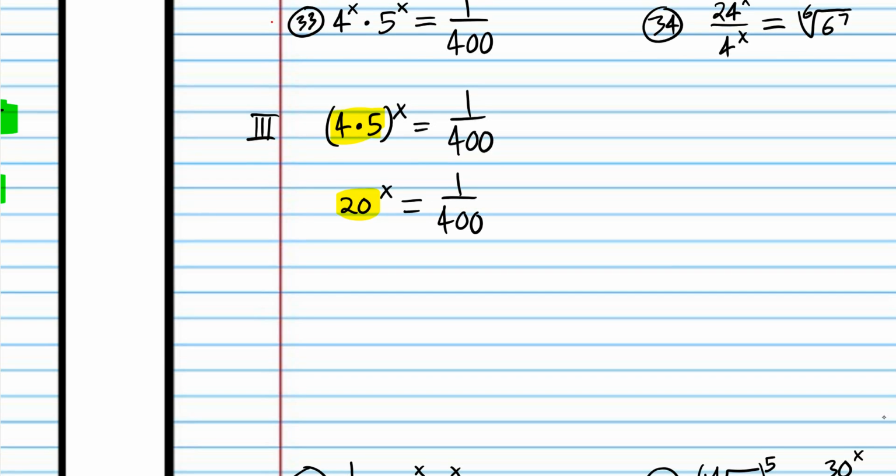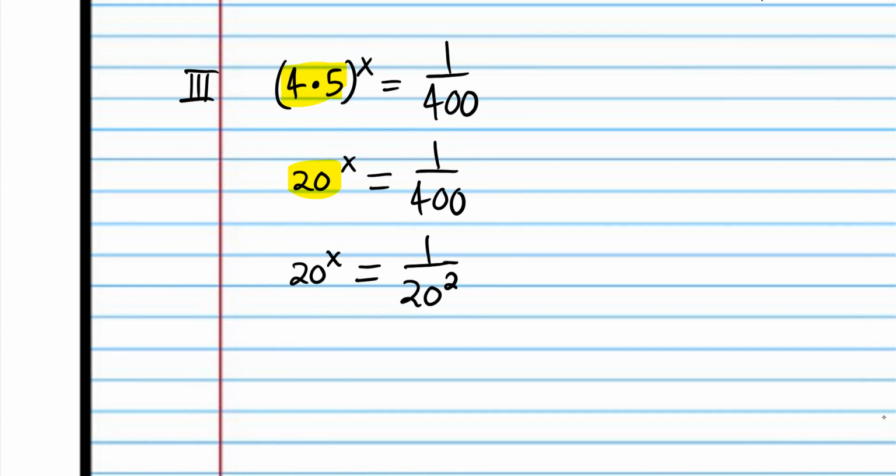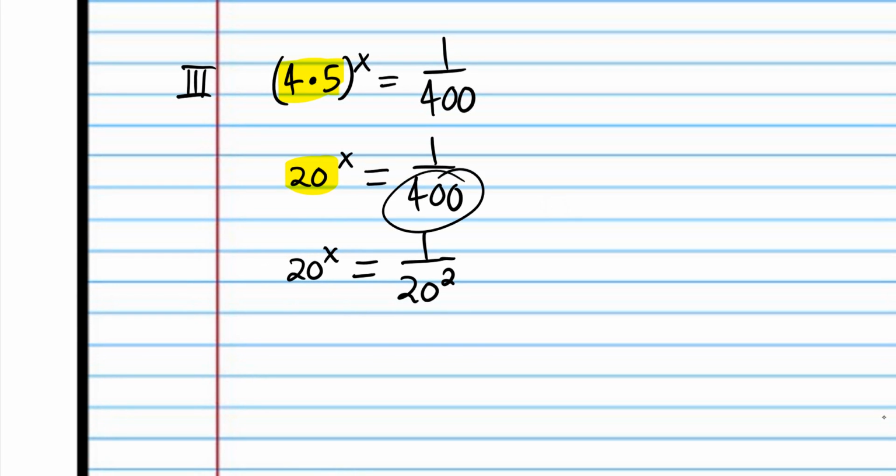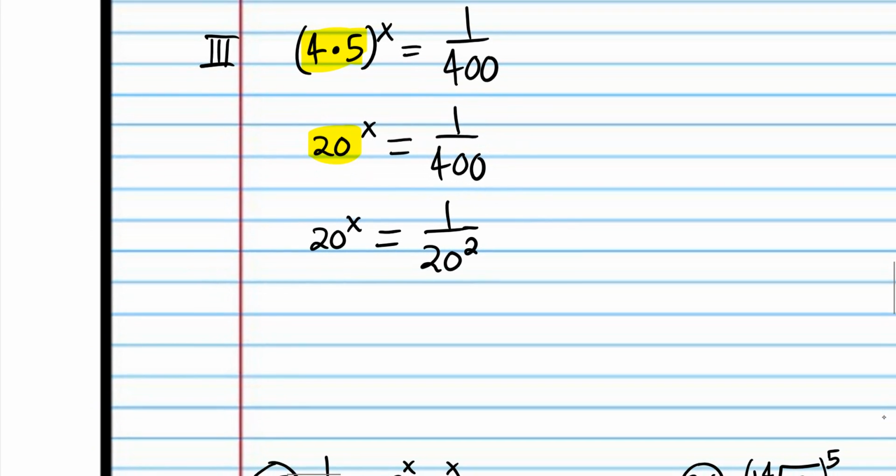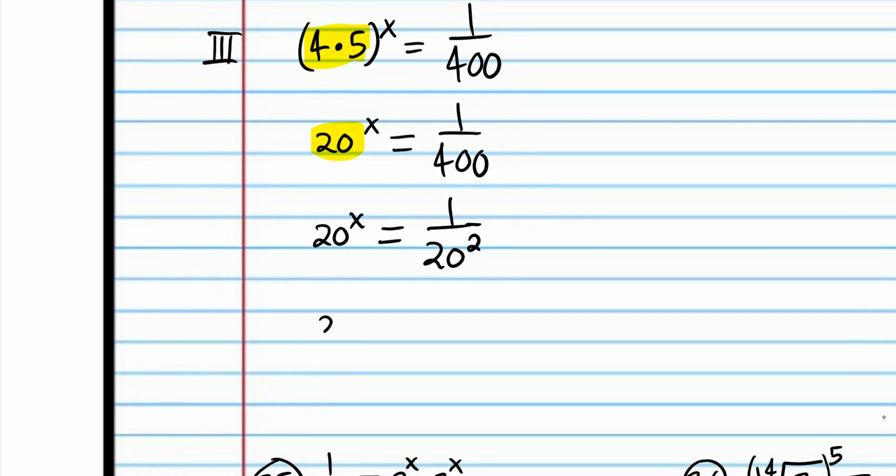So now I'm going to change the 400 to 20 to the 2nd power. Now I know that's kind of tricky that I did that, but because we have a base 20 here, we know we're going to have to change this to base 20. So that gives you a kind of a hint on what to do.